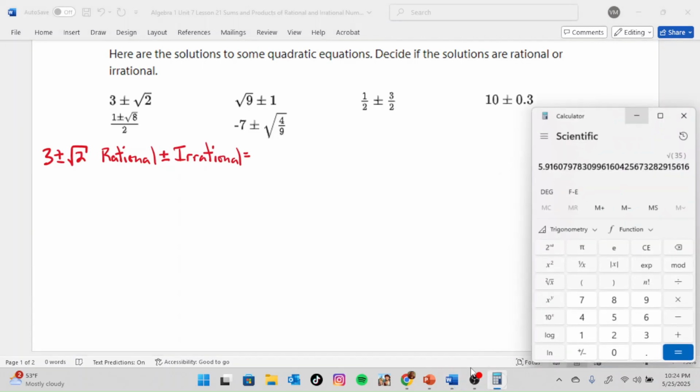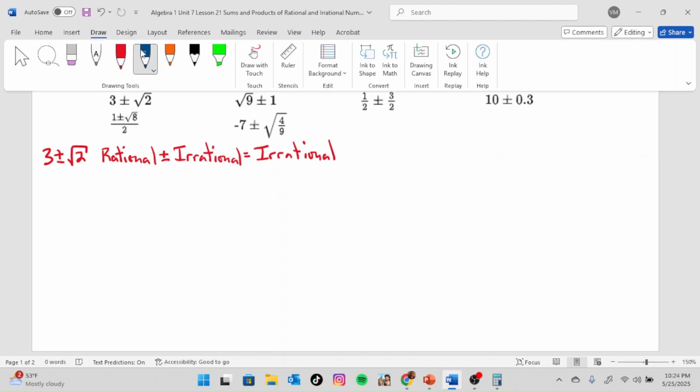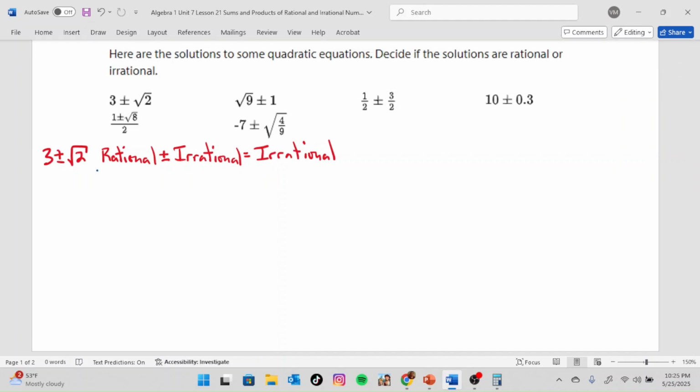And if we want, we can go ahead and put it in a calculator just to check. 3 plus the square root of 2. And here we see that we get an irrational number. Next one that we have is square root of 9 plus or minus 1.